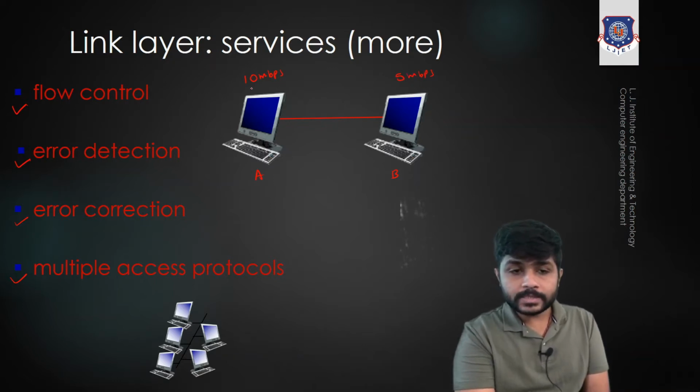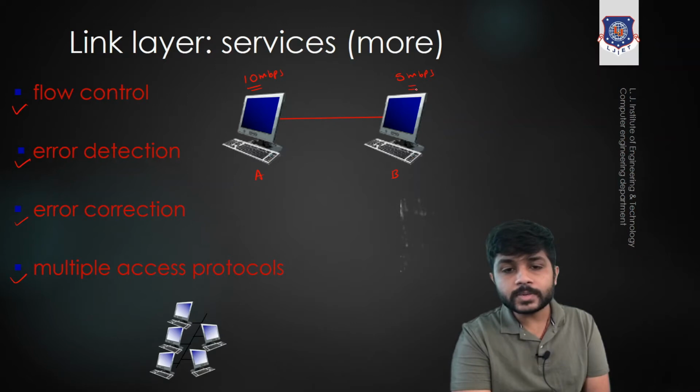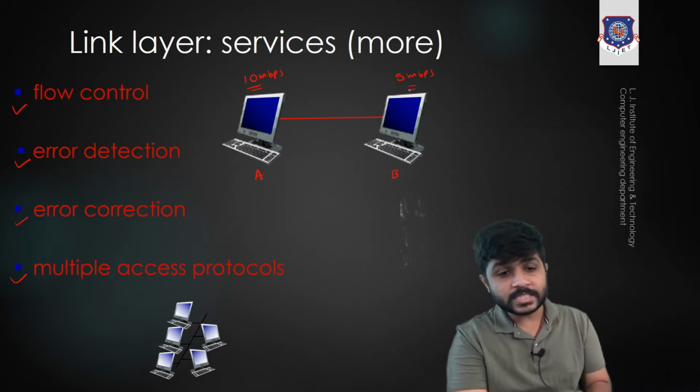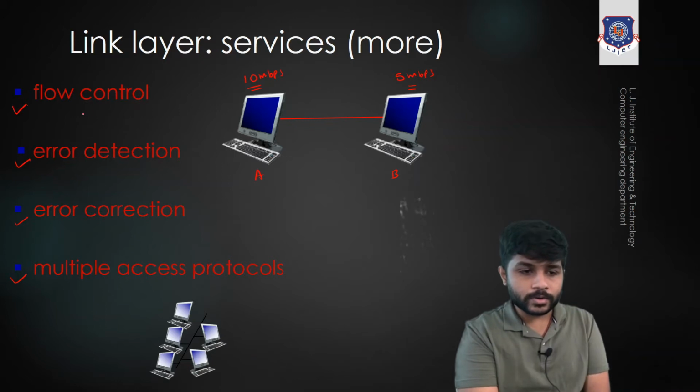So it means that A is sending data at a very high rate, but B is not able to receive data at that rate. So what will happen? Obviously there will be a loss of data, because A is sending data at 10 Mbps, which is very high, but B is not able to receive data at that speed. So what is the meaning of flow control?